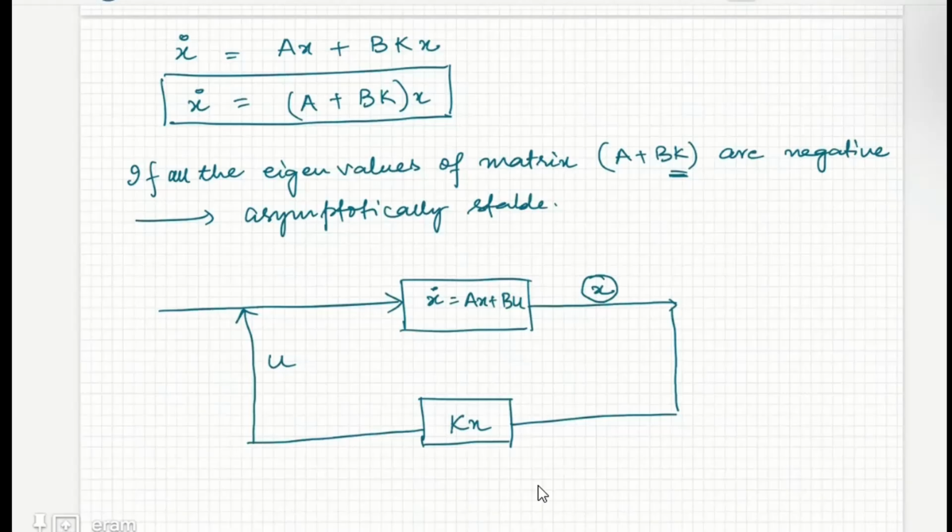So this is the closed loop system, and the closed loop system is asymptotically stable.